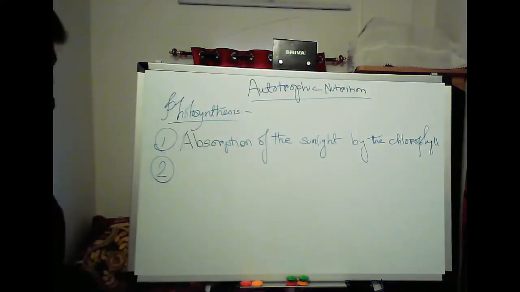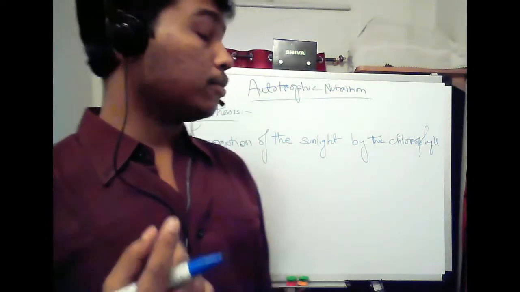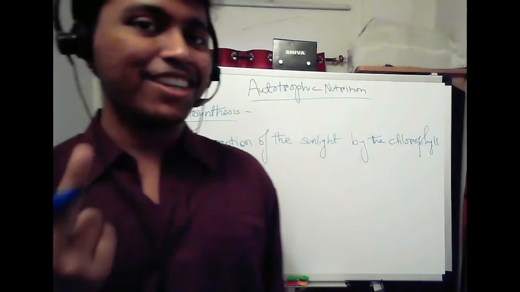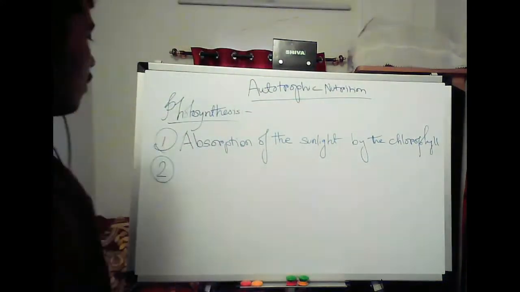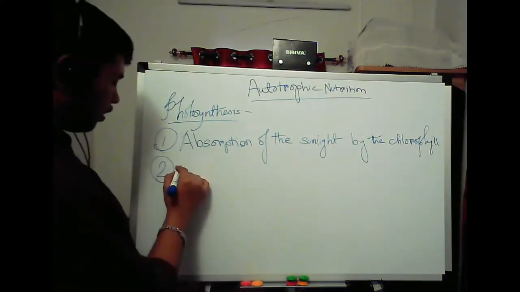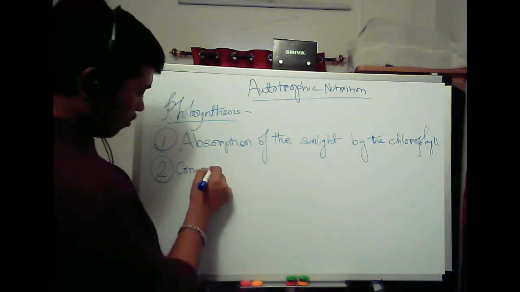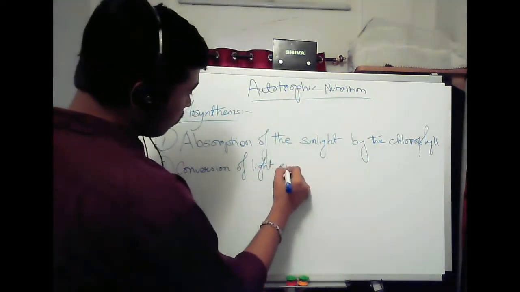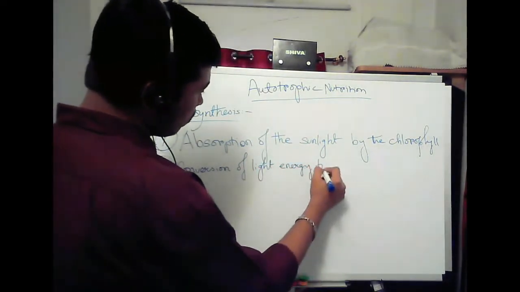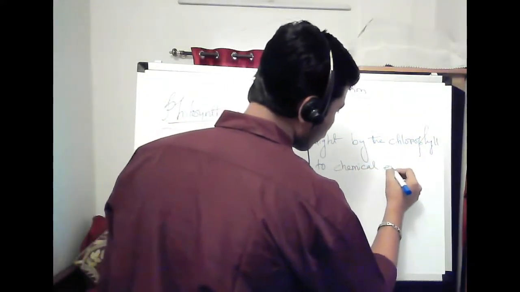Sorry, the first one is absorption of sunlight by the chlorophyll. Then number two, conversion of light energy to chemical energy by this chlorophyll.